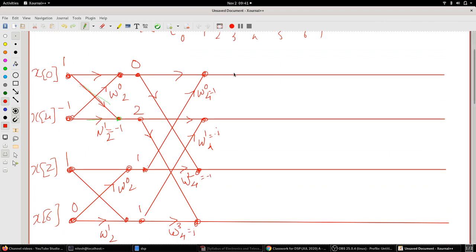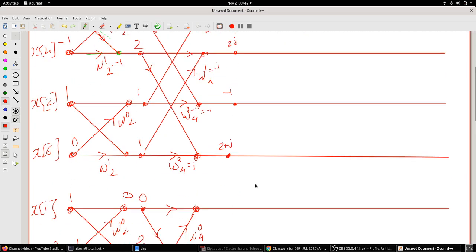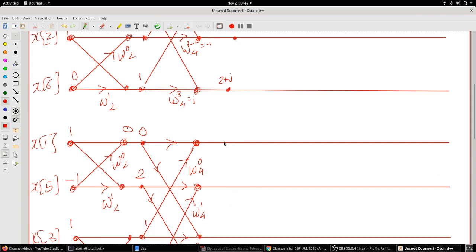So now this value here will be 0 plus 1, so this will be 1, 2 minus j, so this value will be 2 minus j. Same way here, this will be 0 minus 1, so this will be minus 1, and here will be 1, 2 plus j. Okay, so this makes your 4 values on the upper side.